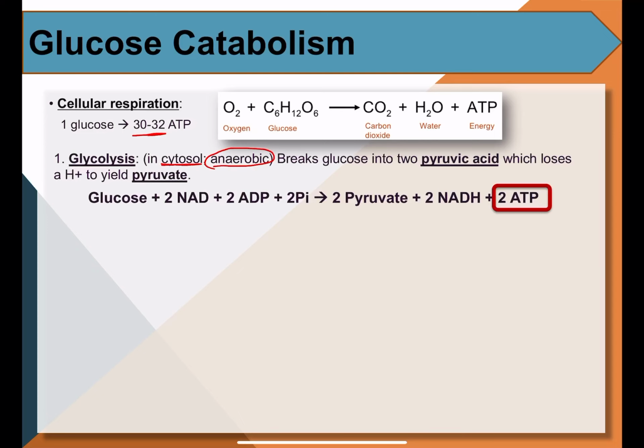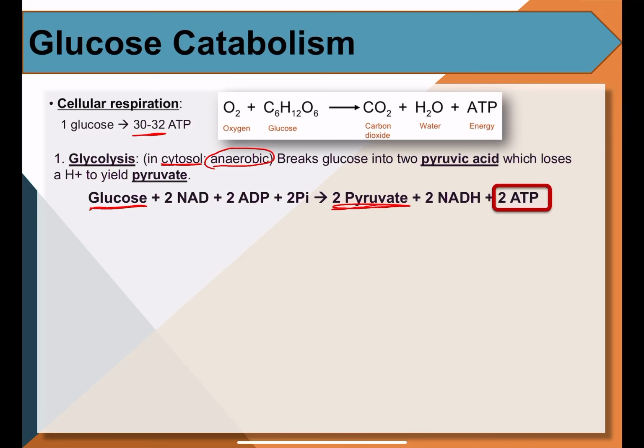Only when you proceed into the Krebs cycle and electron transport chain does cellular respiration happen in the mitochondria. Glycolysis will break one molecule of glucose into 2 molecules of pyruvate or pyruvic acid, which then loses a hydrogen ion to make your pyruvate.